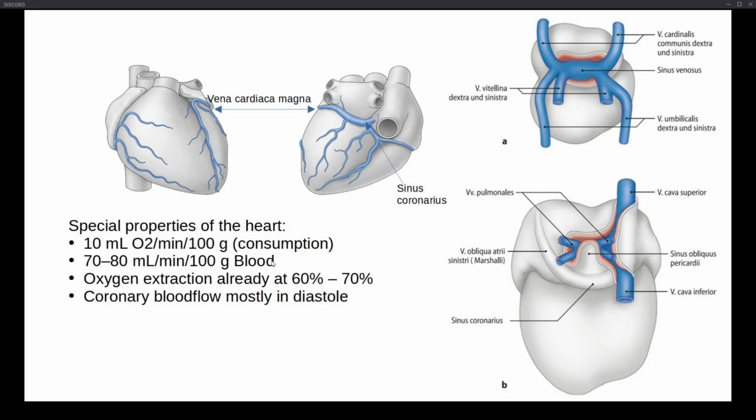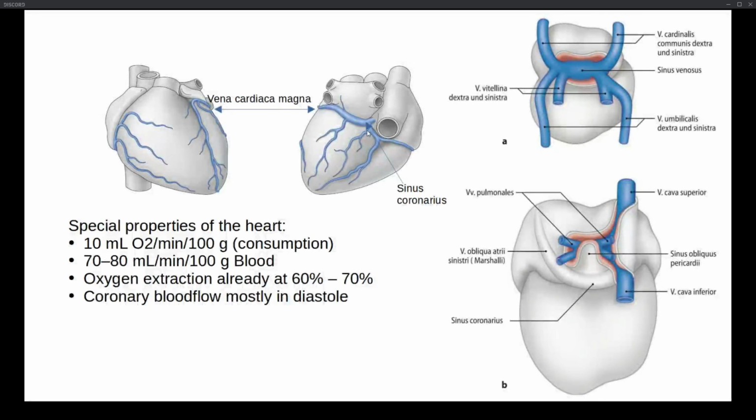So normally, for example, your muscles would have a much lower extraction rate when they don't have to do anything, and would just take more oxygen from the blood instead of forcing more blood through the tissue. This cannot be done in the heart.